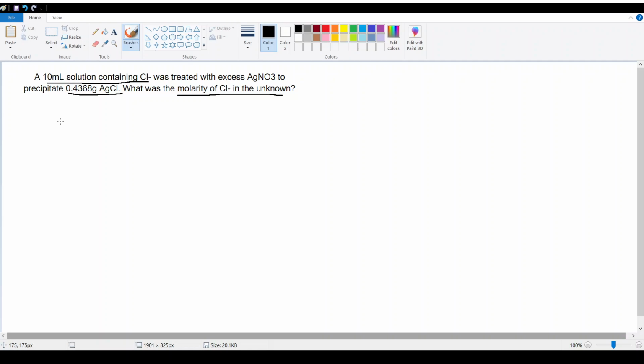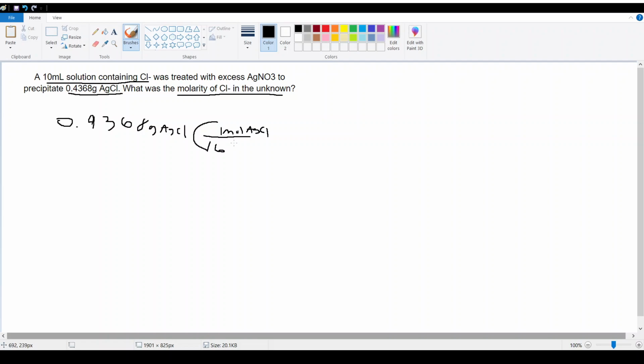So how are we going to do that? We're going to take our grams of AgCl, so 0.4368 grams of AgCl, and then we're going to multiply it by 1 mole of AgCl over the molar mass of AgCl, which is 169.87 grams per mole.